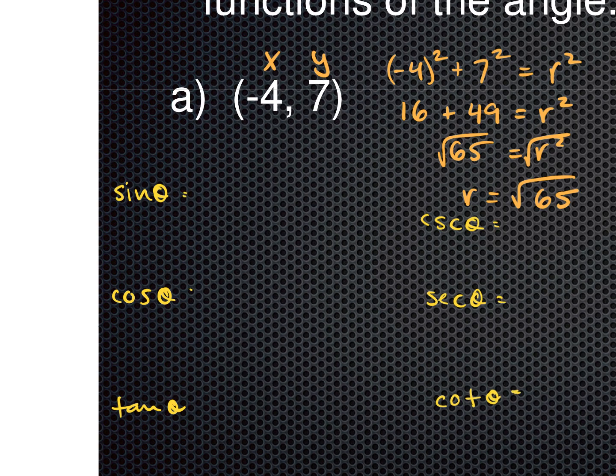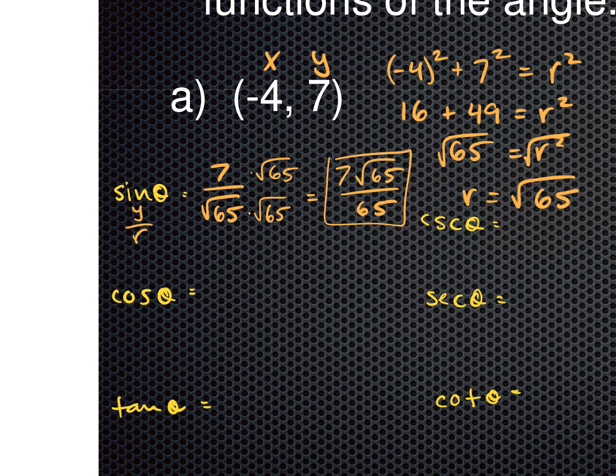So sine, in terms of x, y, and r, is what over what? Y over r. So that would be 7 over square root 65. Can we leave our answer like this? No, we have to rationalize. So we get 7 square root 65 over 65. Cosine is what over what?